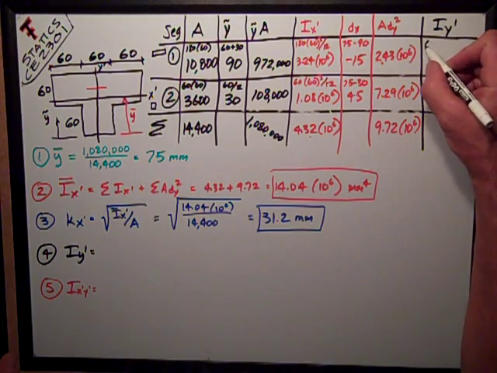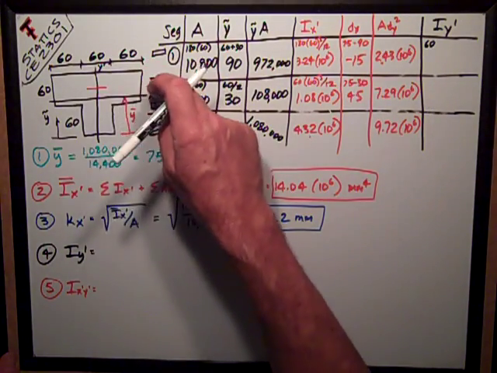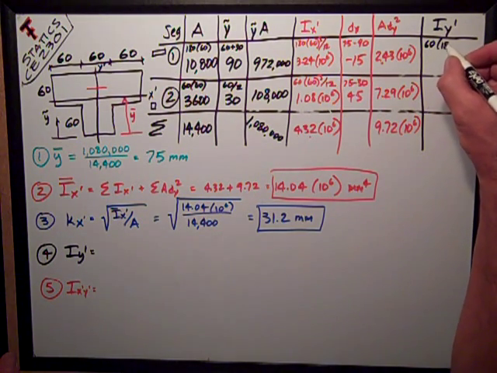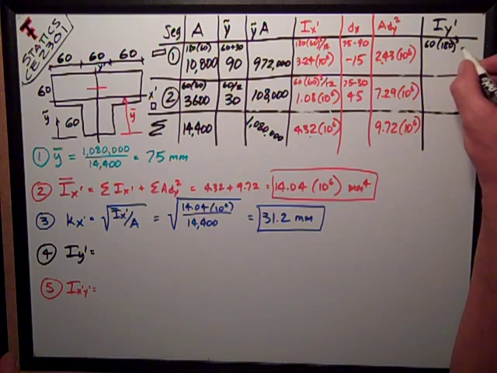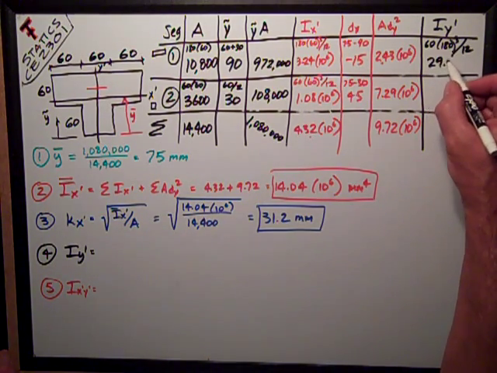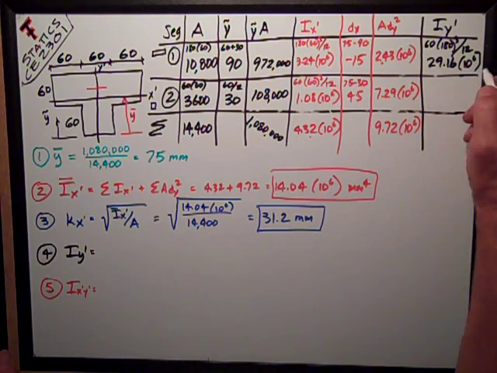So it's just 60 for this rectangle on the top. The base is 60, the height is 180. I cube that. Divide by 12. I get 29.16 times 10 to the 6th.